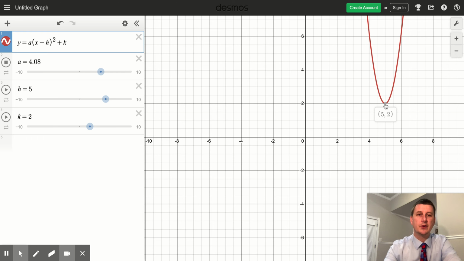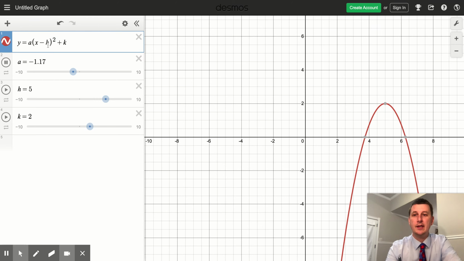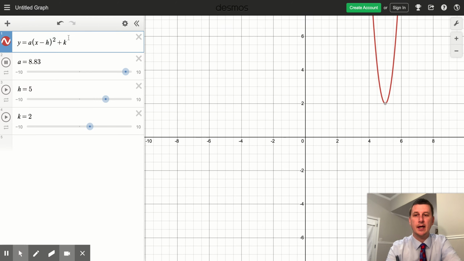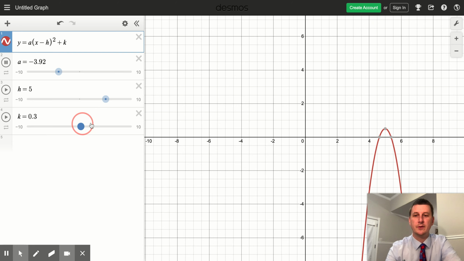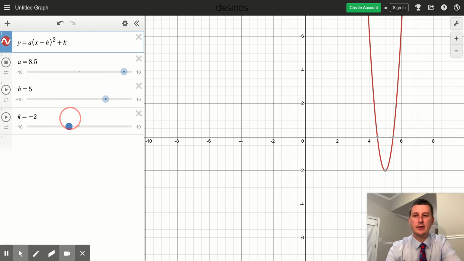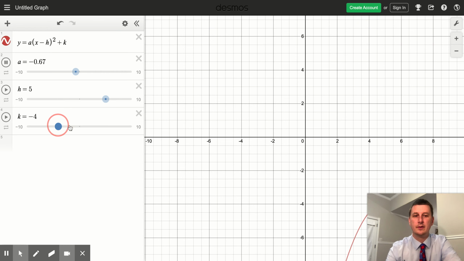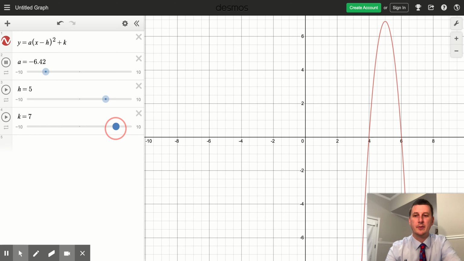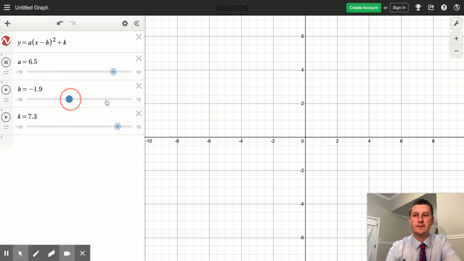And this should all make sense with your shifting rules as well, because if h equals positive 5, and your formula says to subtract h, you're subtracting 5 inside, which moves your parabola right, and you're adding 2 on the outside, which moves your parabola up. If you were to subtract 2 or add a negative, then yes, your parabola is going to move down. And adding higher numbers will move it up. And if we have a negative h value, it's going to move it to the left.